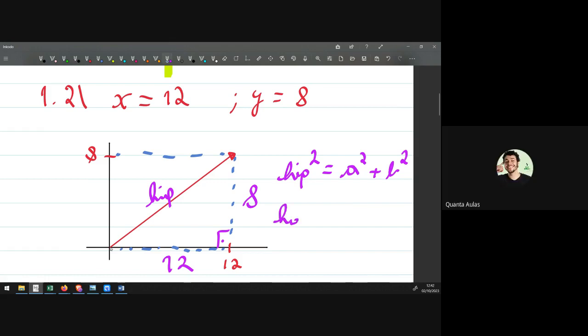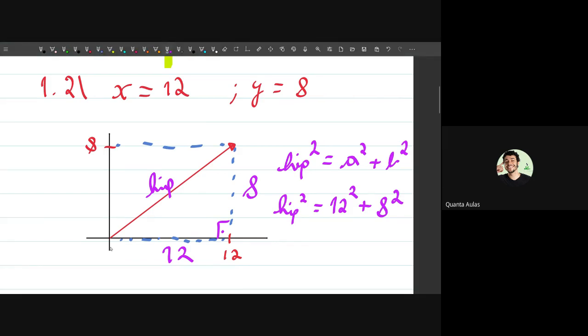So just put the numbers, 12 squared plus 8 squared, and do this calculation. Can you do this for me? You can use your calculator, okay? When you do this, just tell me the answer, okay?